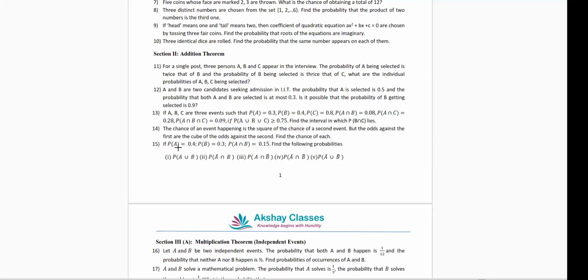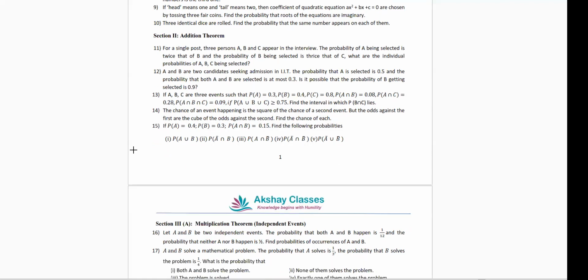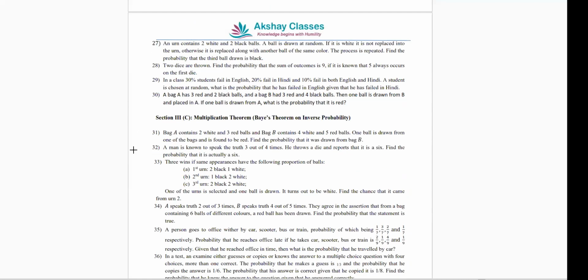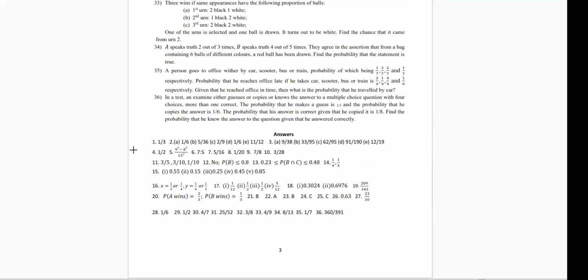Okay, the other ones you try. This is a simple one. You can just try this. Answers are here. You please try today. Tomorrow we will do multiplication theorem.